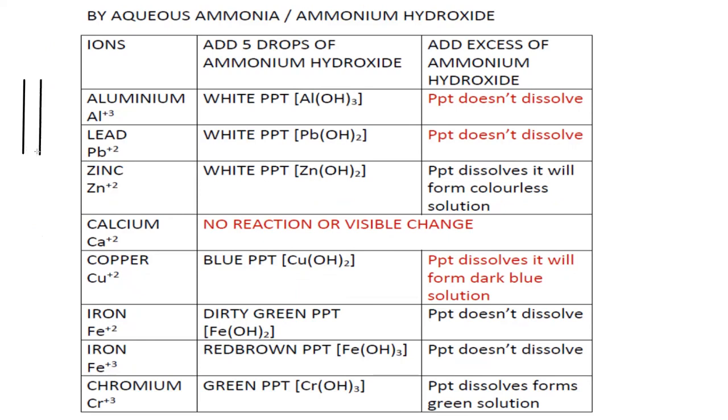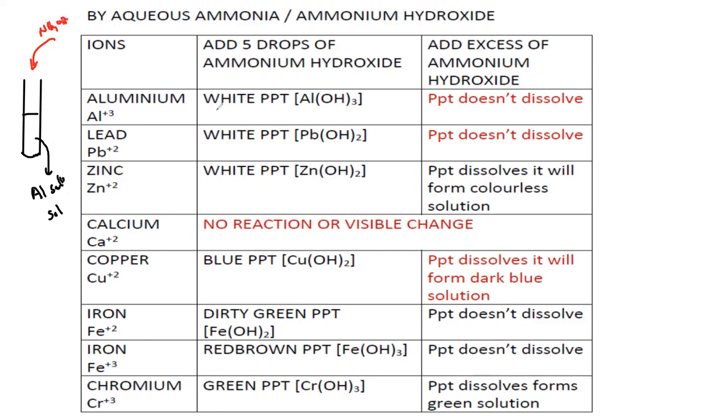Now instead of adding sodium hydroxide, we can also add aqueous ammonia. So we take the salt solution, for example this is the aluminium salt solution. And to this aluminium salt solution, we are adding aqueous ammonia, or ammonium hydroxide.